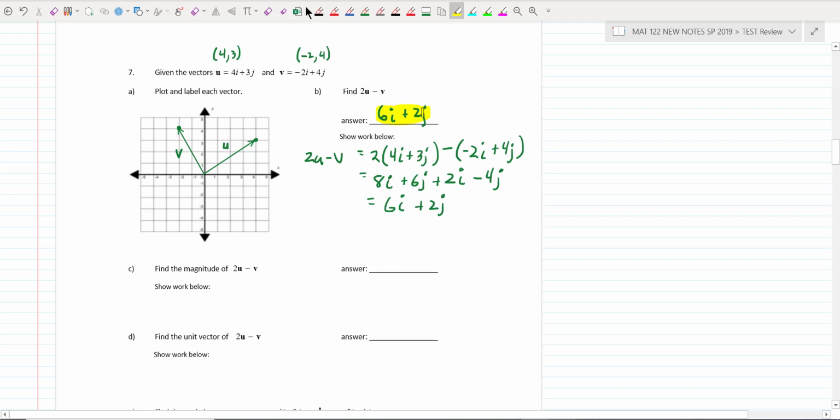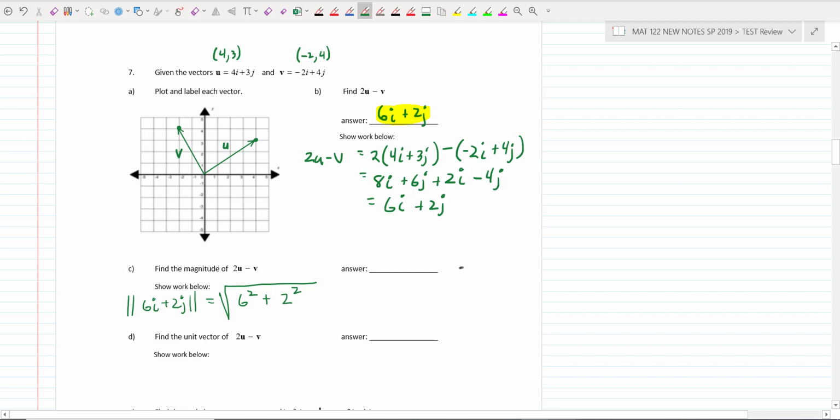The other couple of things you want to know how to do are to find the magnitude of a vector. We generally represent the magnitude with double bars, like this. We do the square root of the i component squared plus the j component squared.